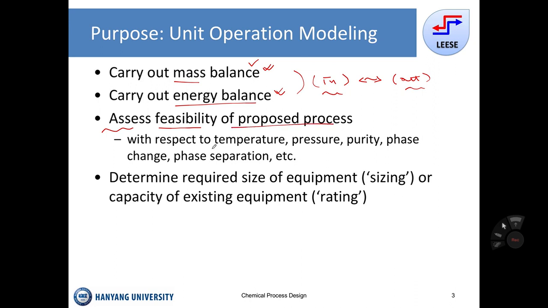So we can check the temperature, the pressure, the purity, phase change, phase separation, etc. Then check whether the condition you set or the operation procedure you set in the design is economic, practical, or feasible. Okay.